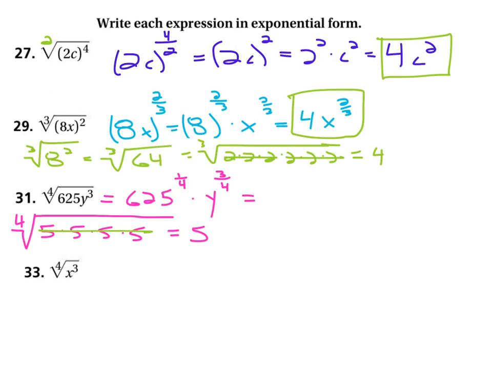So that 625 to the 1/4 power just becomes a 5, and then of course the y to the 3/4 power. Typically, it's easier to simplify numbers when you raise them to some kind of exponent, because you can expand those out into their prime factorizations and bring stuff out. But the y to the 3/4, there's not really anything we can do about that. They want it written in exponential form, not with a radical symbol like it was given to us. So that's our answer for this one.